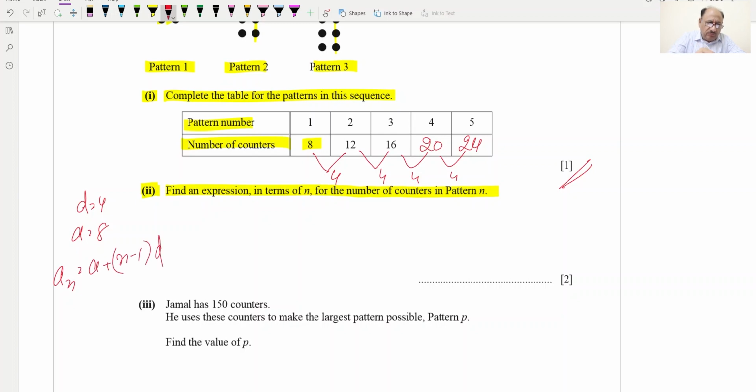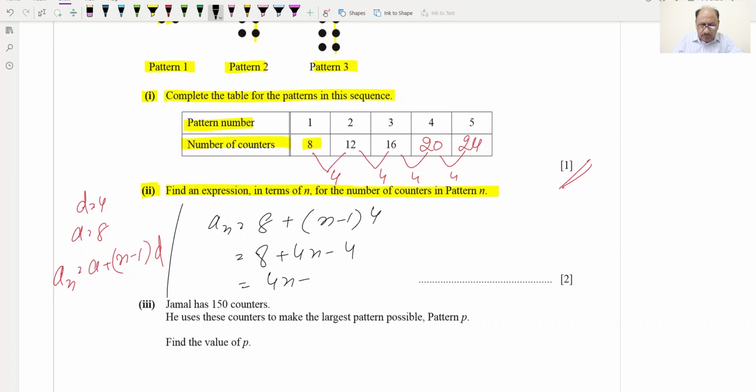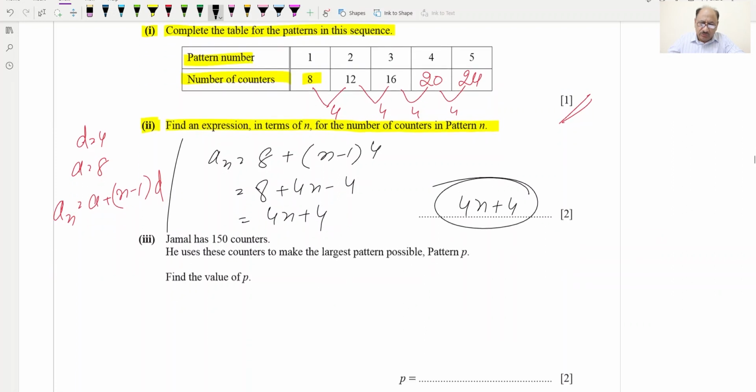In this formula we will be replacing values, so a_n is equal to 8 plus (n minus 1) times 4, so it will be 8 plus 4n minus 4, which will be 4n plus 4. If you check, this formula is working for all the terms also. So this was a 2 mark question which we are done.